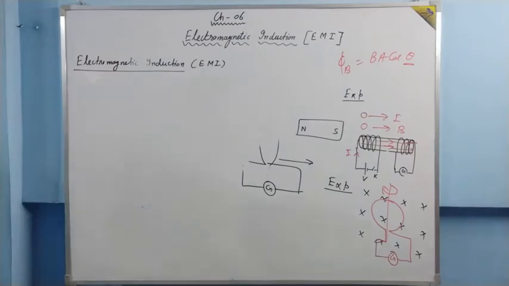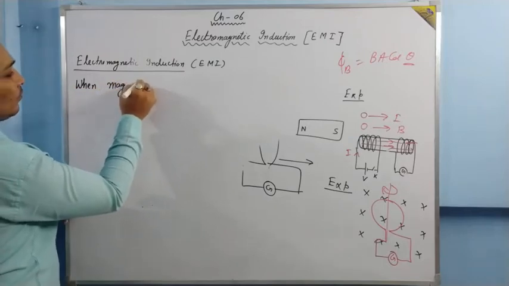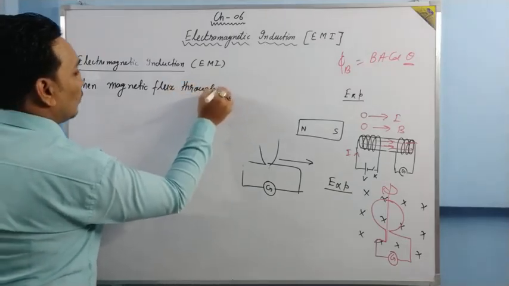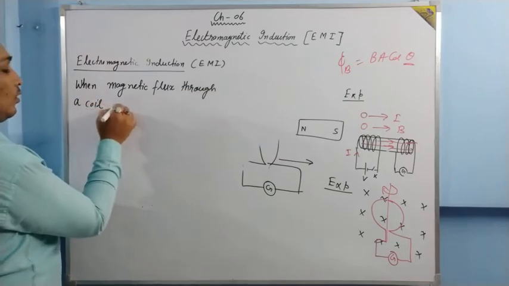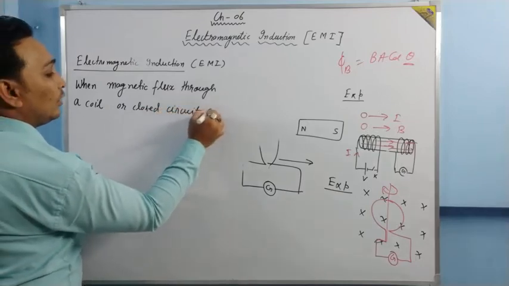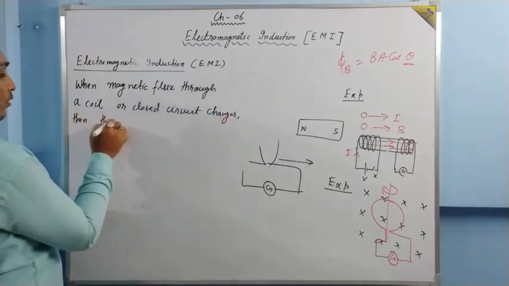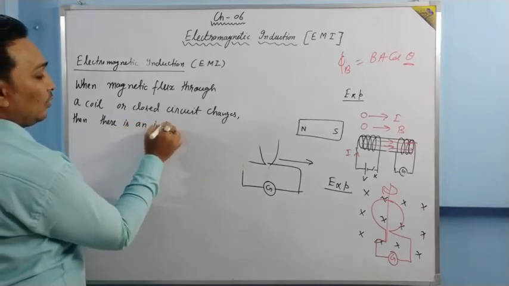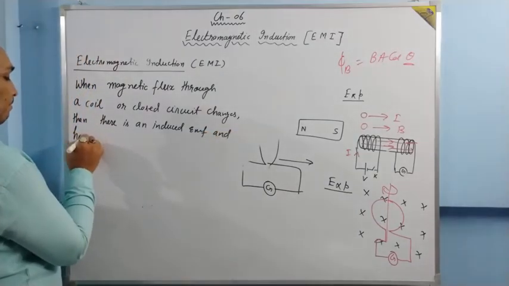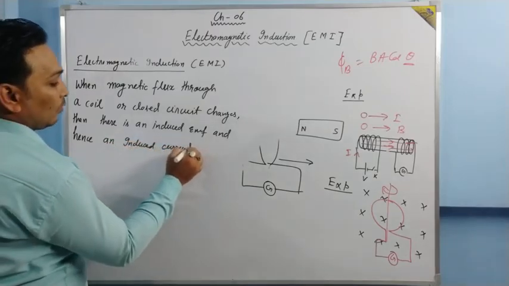We'll say that when magnetic flux through a coil or closed circuit changes, then there is an induced EMF and hence an induced current in the coil.